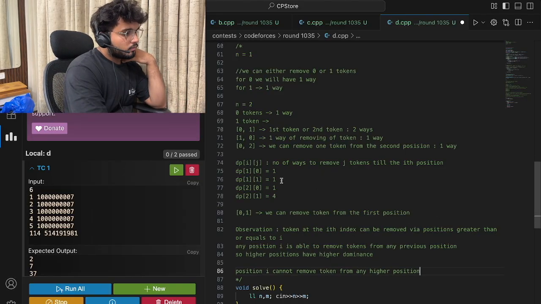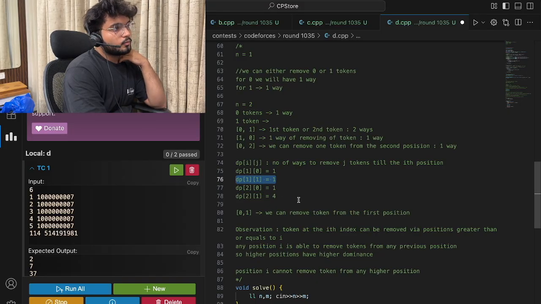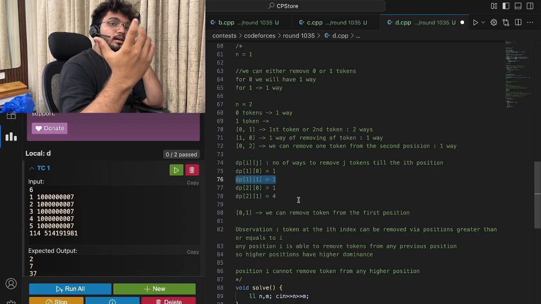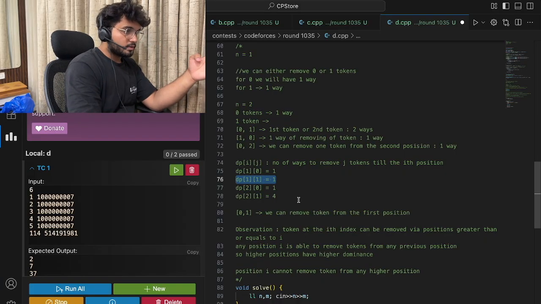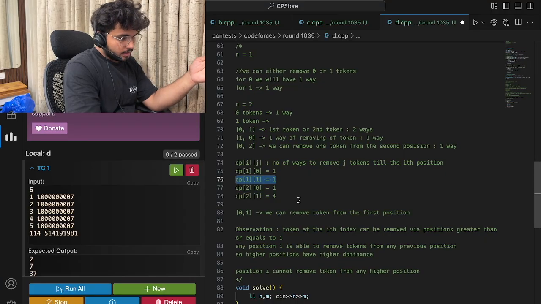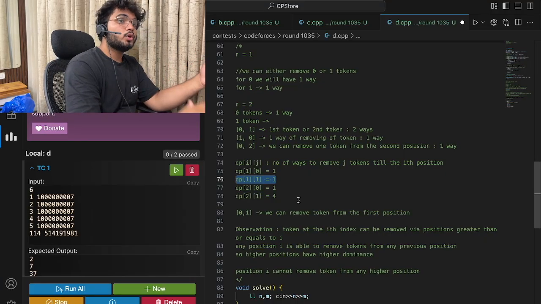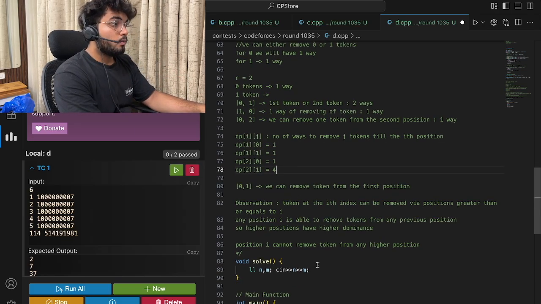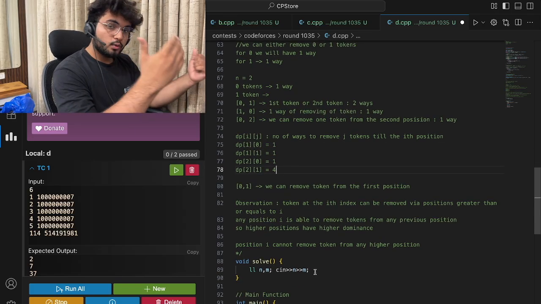So dp 1,1 equals 1 we cannot really calculate because we don't know yet how many positions ahead will be able to remove this, right? As we are going from 1, 2, 3 till n, we don't know what's going to happen next, right? But we can come back from n to 1, right?